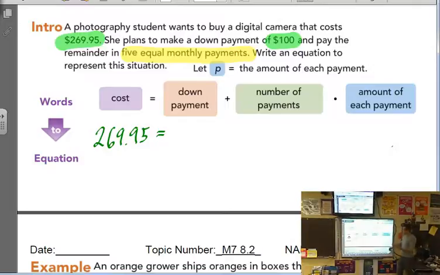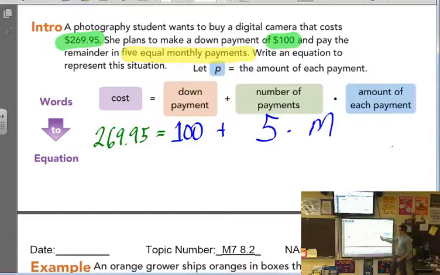All right, so we got our down payment here. They went ahead and helped you a lot with this setup. So we put our $100. Then our number of payments, we know we're going to make 5 payments, and that would really be determined by how much you want each payment to be. So this is a little bit backwards. Maybe the store told you you only had 5 payments to pay it off.